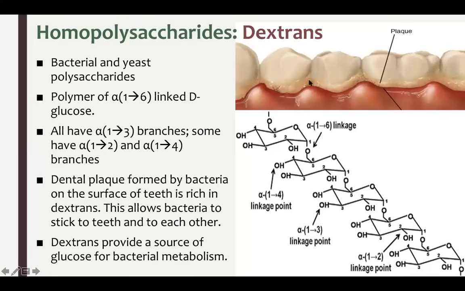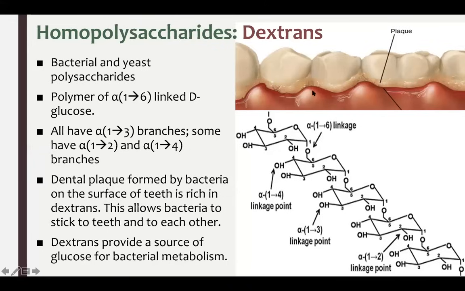Okay, so here in the dental plaque, there are some bacteria, because all of us have some bacteria inside our teeth. That is why we have to brush our teeth every day. So in this dental plaque, there are bacteria, and these bacteria stick to the dental plaque, and this stickiness is because of this dextran.